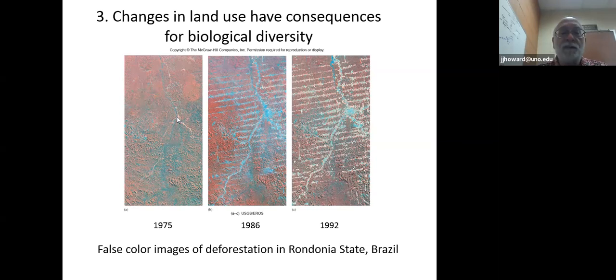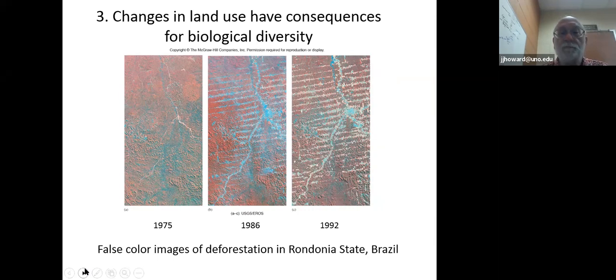In 75, you have a small town here. It's become a city, and now it's a very large city. And you are losing incredible amounts of habitat now. And because this habitat is fragmented, we know that the principles of island biogeography apply, and we are losing species out of this habitat at a really dramatic rate.